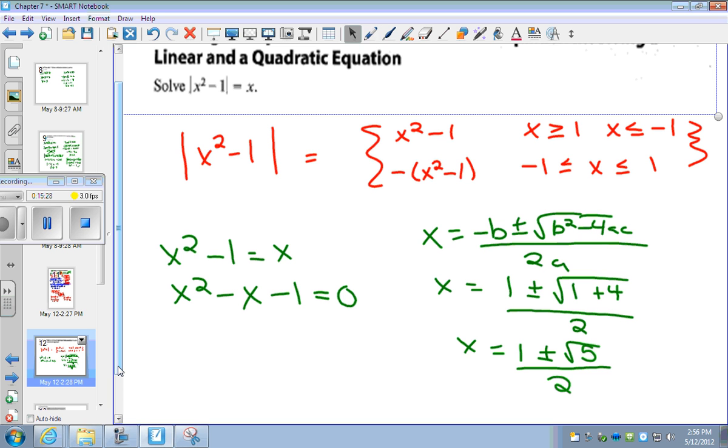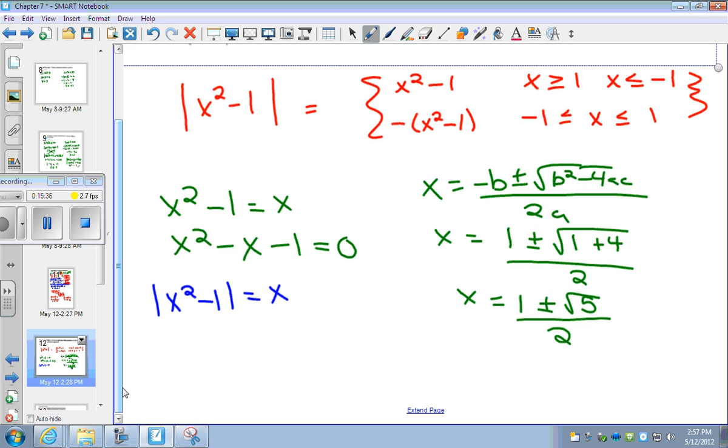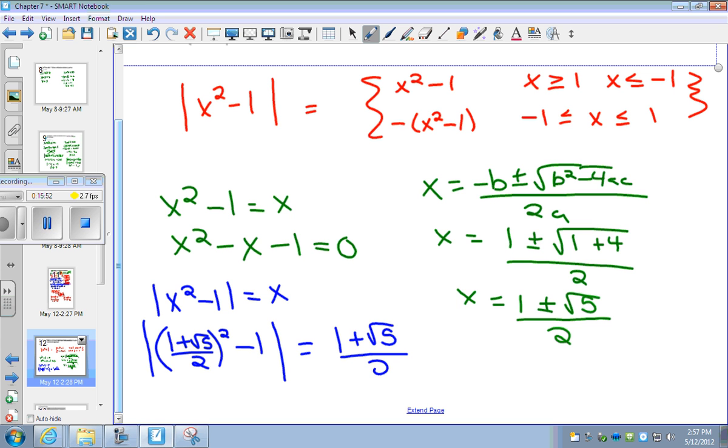This is some crazy checking. Okay, x squared minus 1 is equal to x is our original equation. So we're going to do 1 plus the square root of 5 over 2 first. 1 plus the square root of 5 over 2, squared, minus 1. Is that equal to 1 plus the square root of 5 over 2?